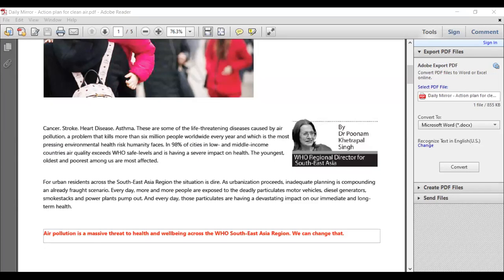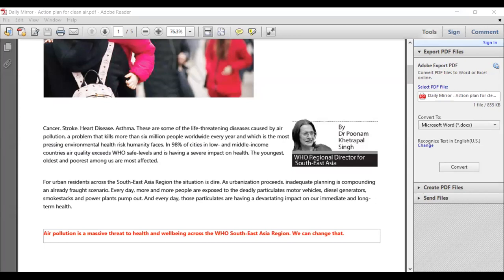You may think that cancer is caused by maybe poor quality water or the food you are taking, but you and I are mistaken. The main cause of these diseases is our exposure to air pollution.